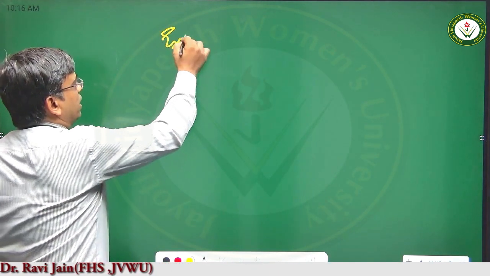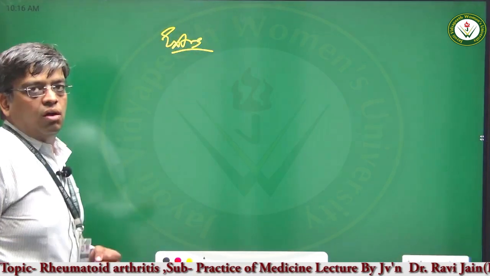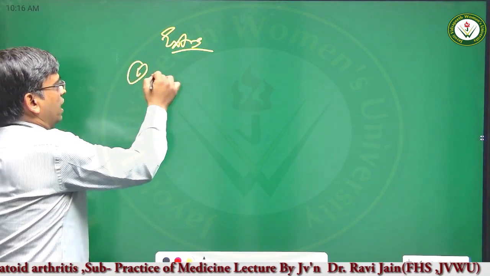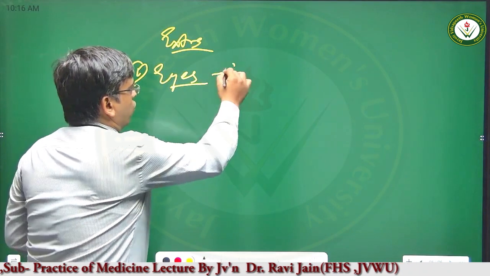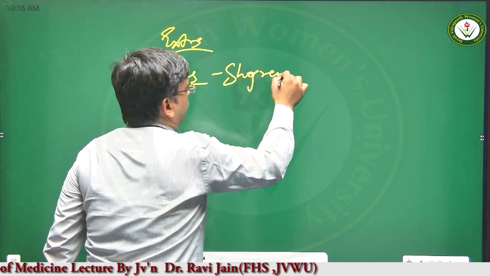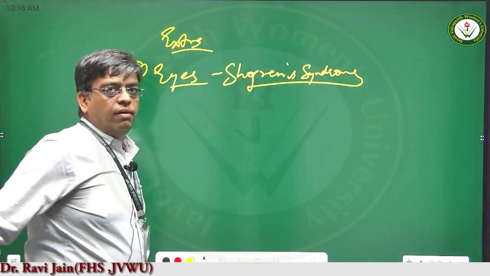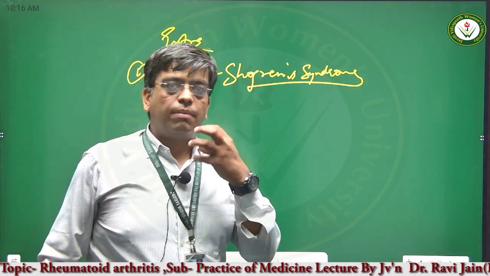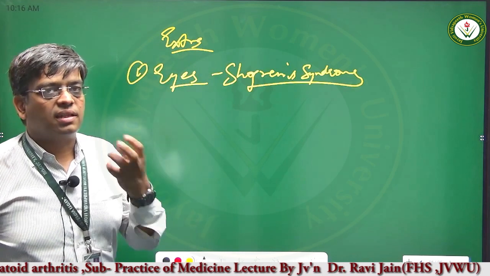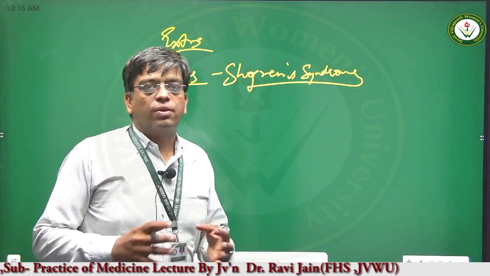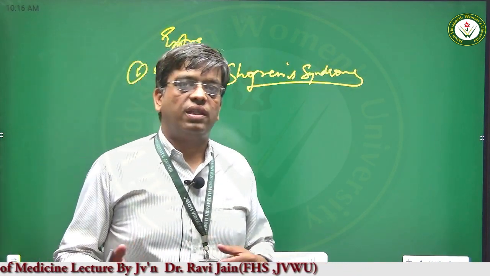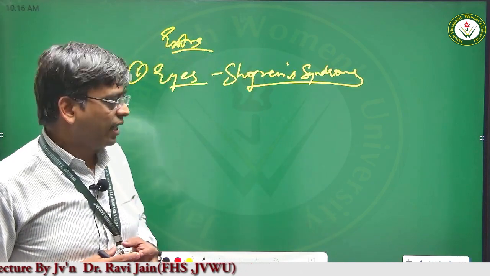Let us discuss the extra-articular manifestations of rheumatoid arthritis. In the eyes, it is producing Sjogren's syndrome. Sjogren's syndrome is basically a disease condition where the eyes and mouth become dry. The tear glands and the salivary glands are destroyed because rheumatoid arthritis is an autoimmune disease where our own cells are getting destroyed.